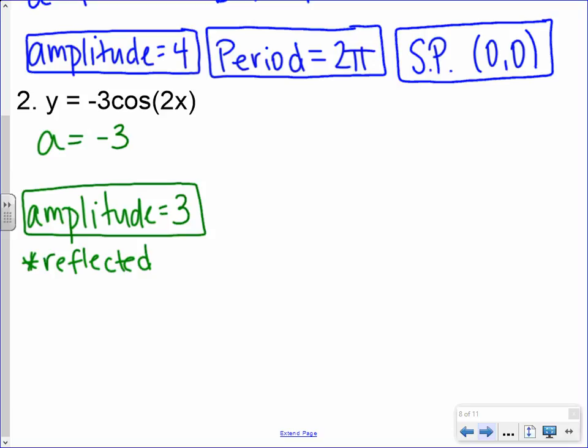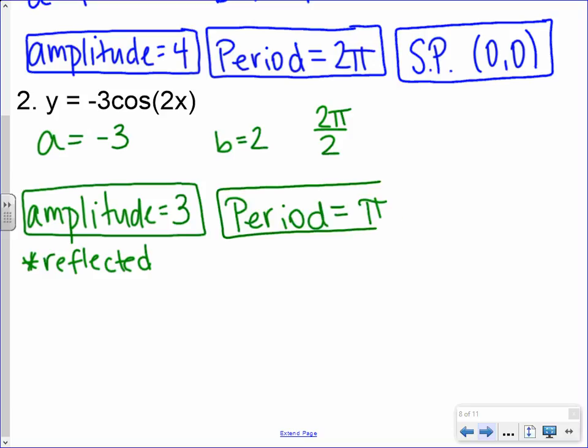All right, Will, what's our B value? 2. Our B value is 2. So to find our period, we take 2 pi divided by B. So our period in this case is pi.